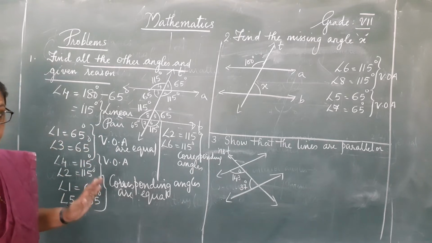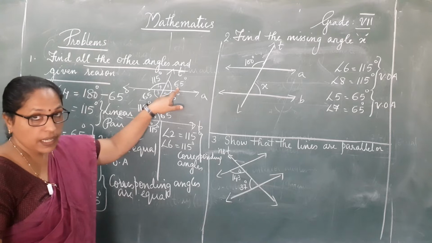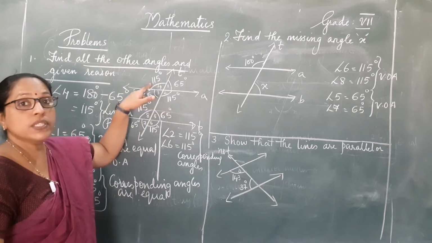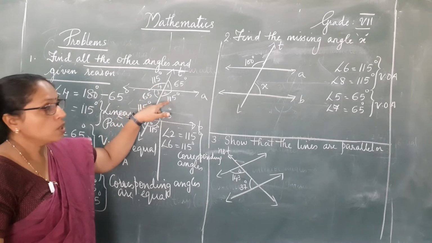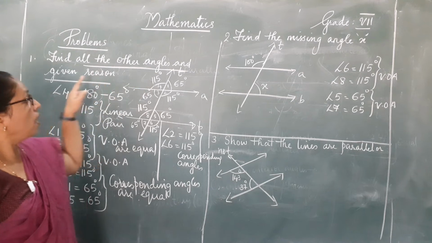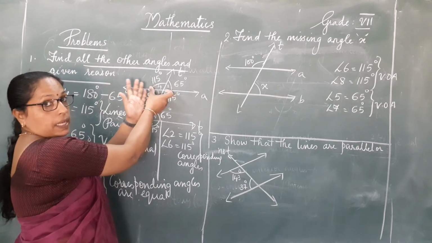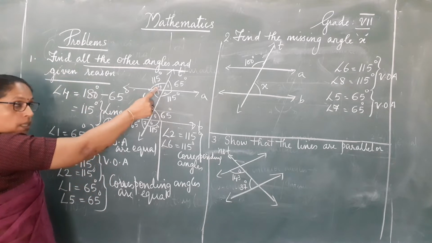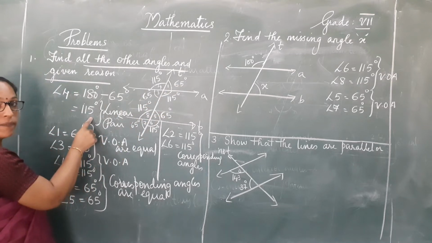Once again, just look at the problem. I have given only one angle, 65. So what should you do immediately? Catch the angle which is close to 65, either angle 4 or angle 2. I found angle 4 by using linear pair. Adjacent angles like these are called a linear pair. They are supplementary, so angle 4 equals 180 minus 65, which is 115.